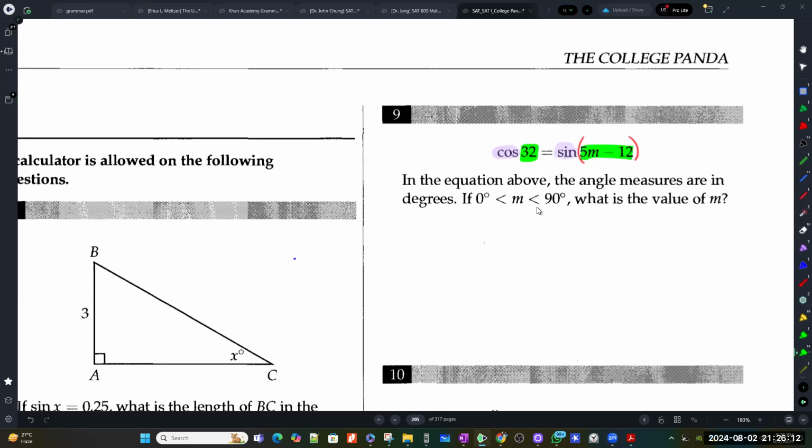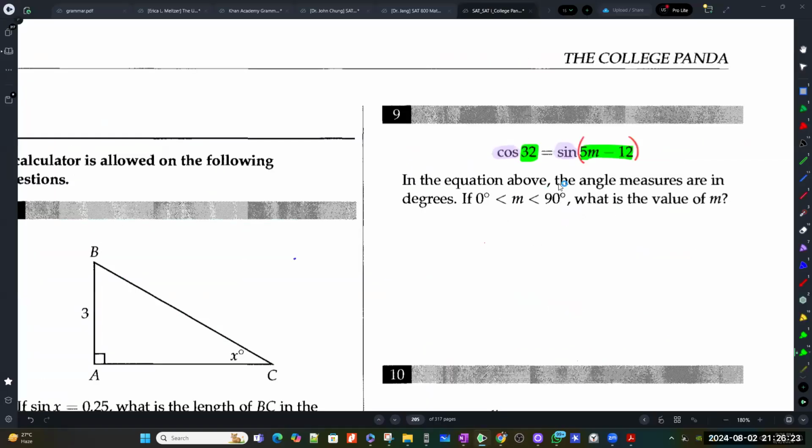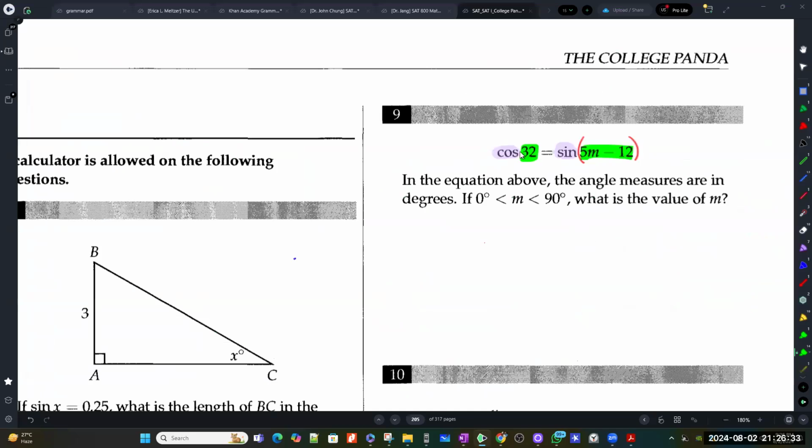When sine and cos are the same, what happens with the angle? You add up the angles and it should come out as 90.